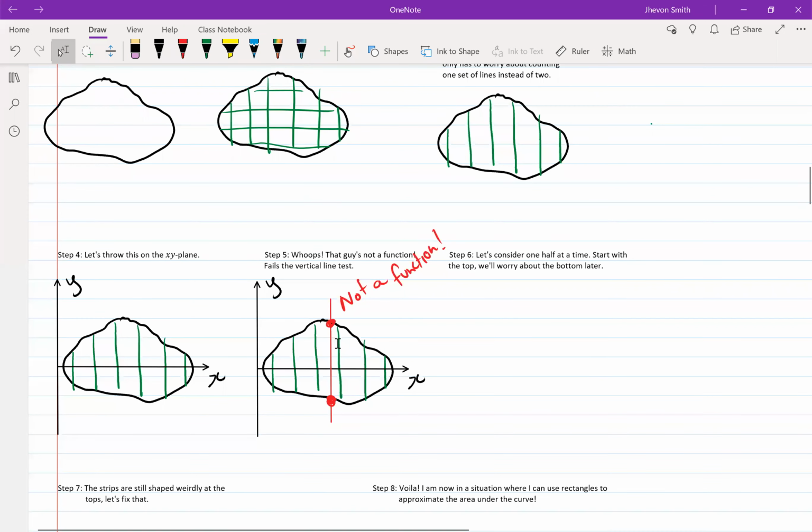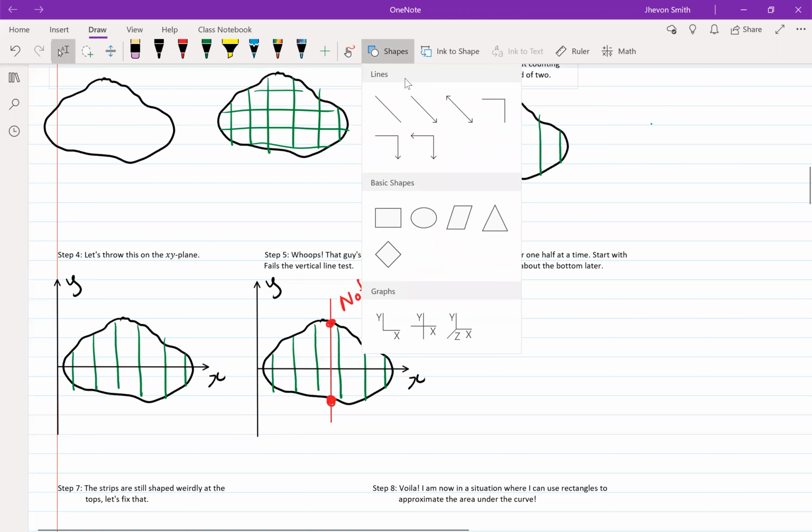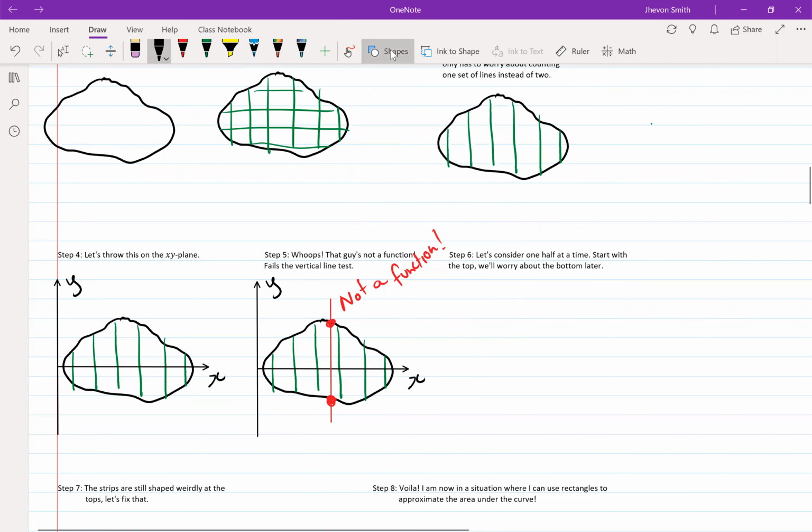Well, basically the idea is going to be the following. Let's just work on one part of the function at a time.